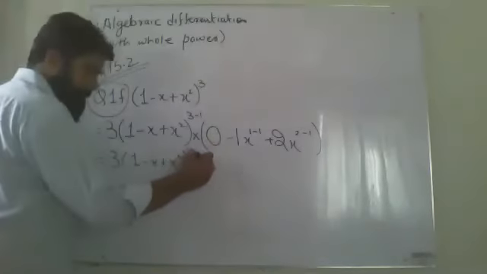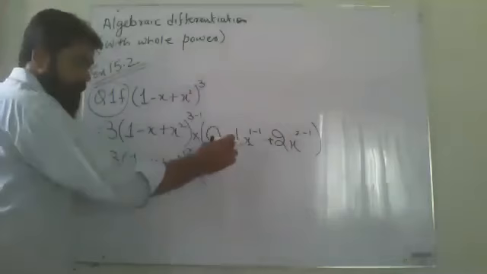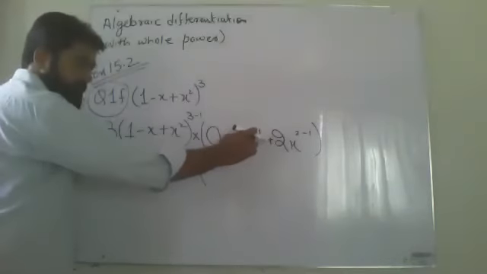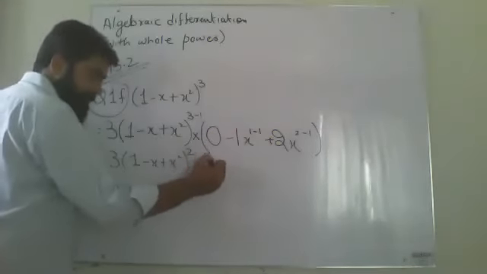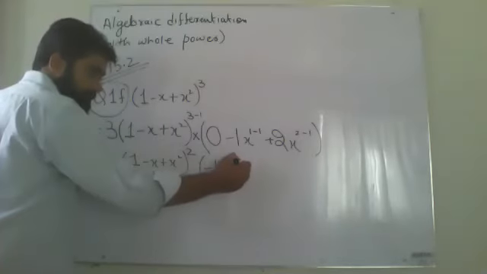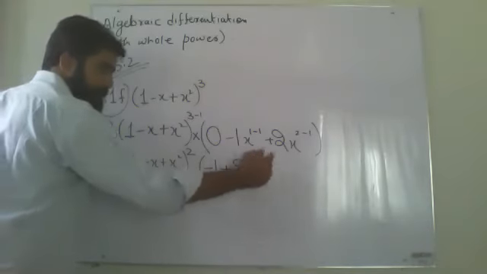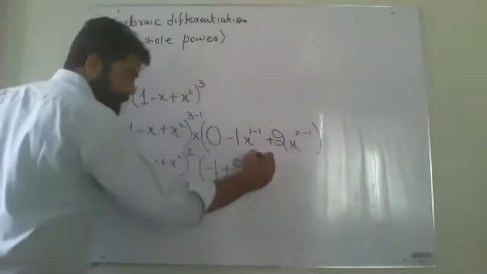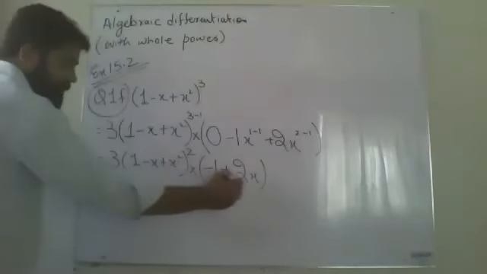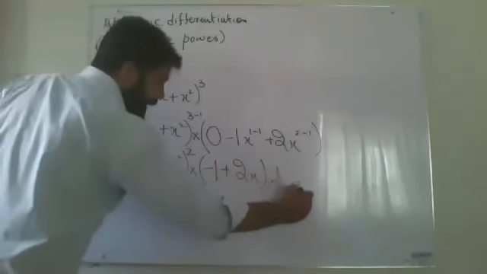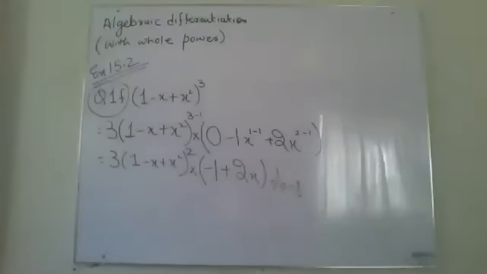Simplifying this one, 0 will be long gone. This will become 1 minus 1, power will become 0. So over here minus 1 will remain. Plus 2x, 2 minus 1 will be 1. And both differentiations are multiplied.